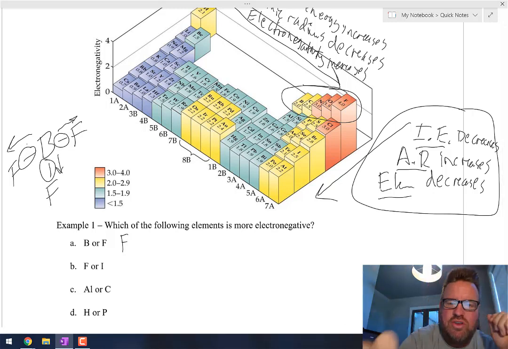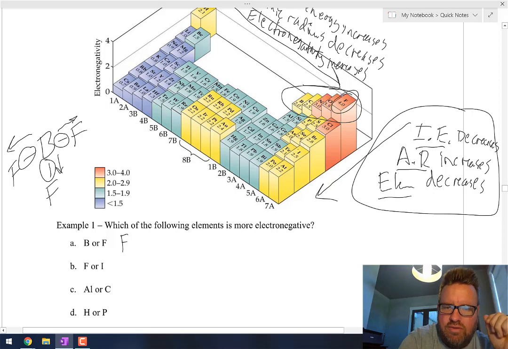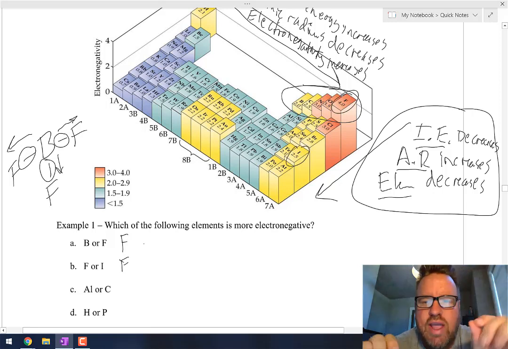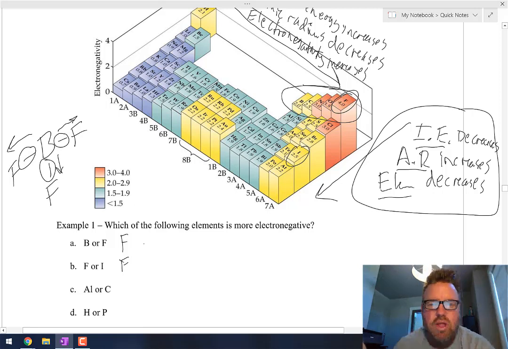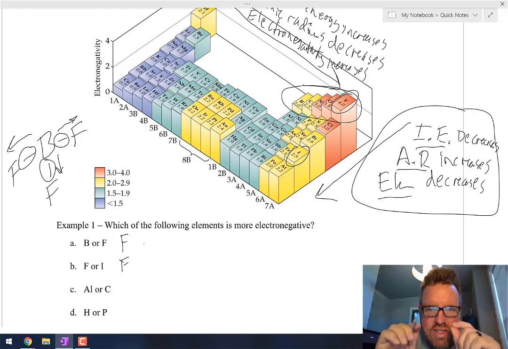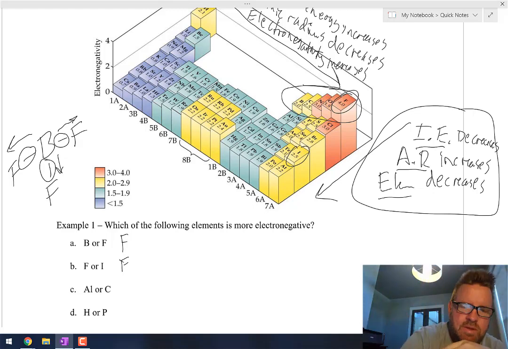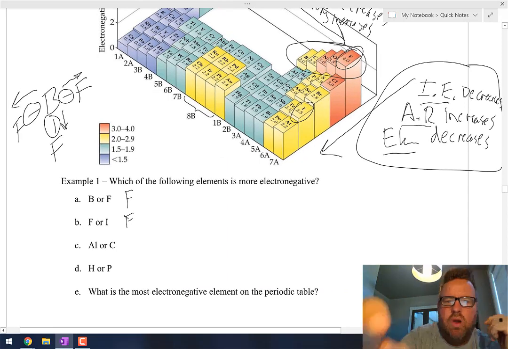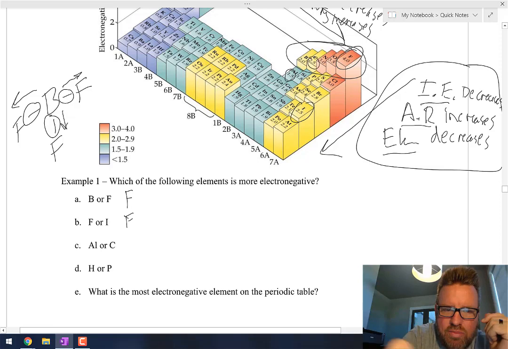Okay, what's more electronegative, fluorine or iodine? So fluorine versus iodine, clearly fluorine. What's the most electronegative element on the periodic table? Look at it. It's right there in front of you. It's fluorine. Fluorine is the most electronegative element there is. Okay, how about aluminum or carbon? Again, this one you can kind of just look. Aluminum's 1.5, carbon's 2.5, certainly carbon.